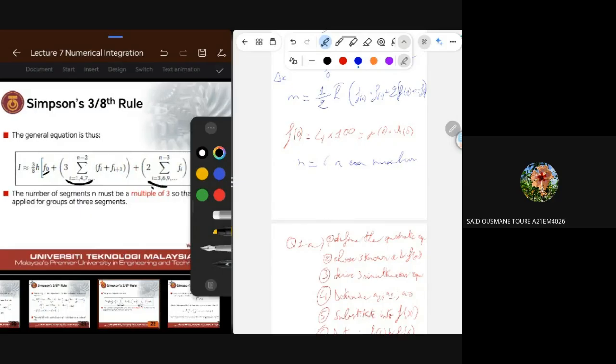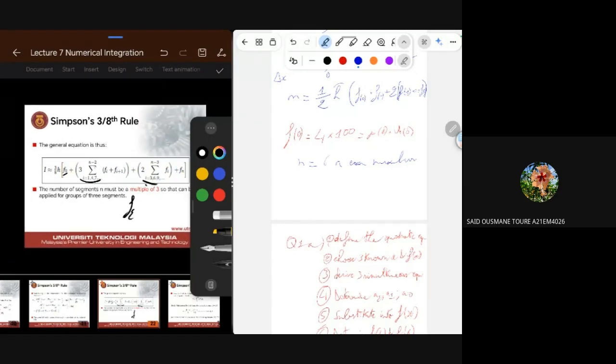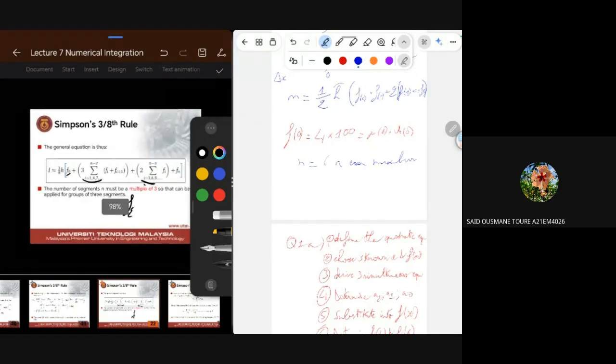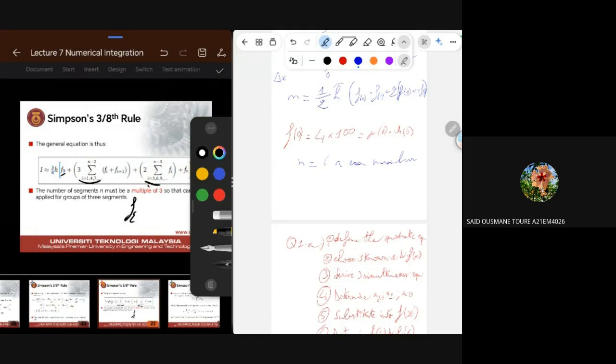The same goes for this one. So f2 will be left out. You don't need f2 in that case. Just proceed directly to f3, f6, f9, etc., then fn. In our case, we only have f0, f1, f4, and that's it. You don't have f7.